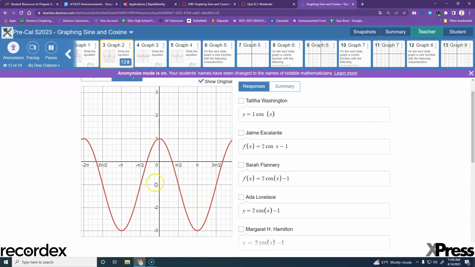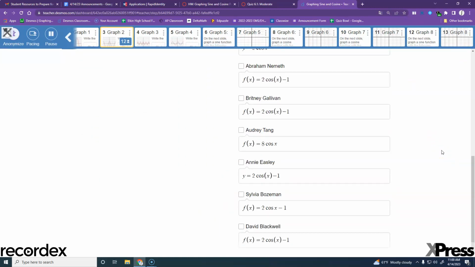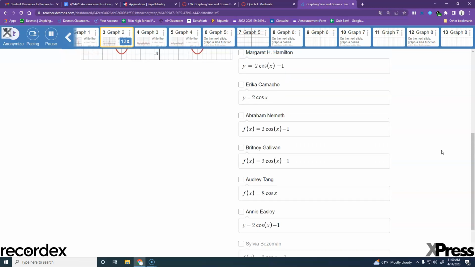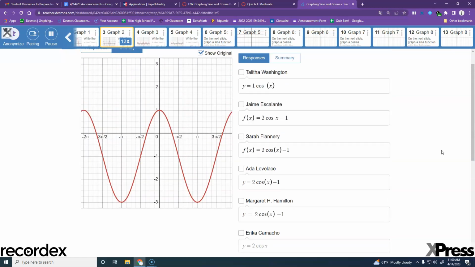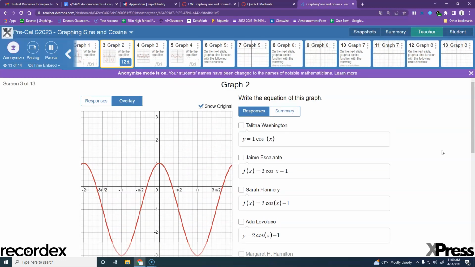And then, let's see, most of us have an amplitude of 2. A few of you do not have that. There is an 8 right there, and then a couple without one. But our amplitude, like Talitha here has an amplitude of 1. And it's possible that Talitha may have looked at that highest point and thought, well, that amplitude is 1 because that's the highest that it goes.